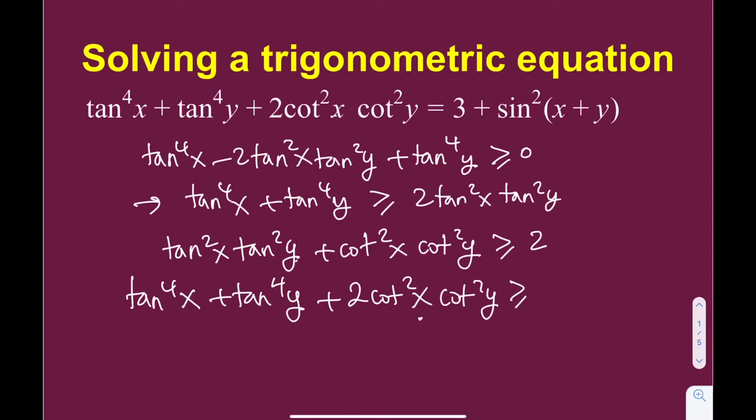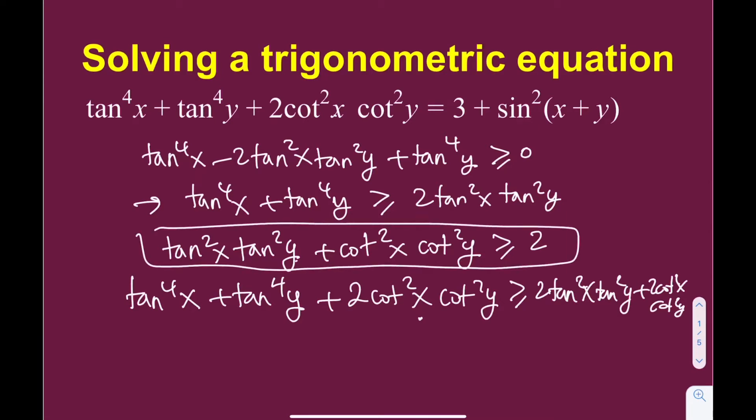So on the right-hand side, I'm going to be having 2 tangent squared x tangent squared y plus 2 cotangent squared x cotangent squared y. Okay? And as you know, this expression is just this one multiplied by 2. So that means that our whole expression is basically going to be greater than or equal to 4.